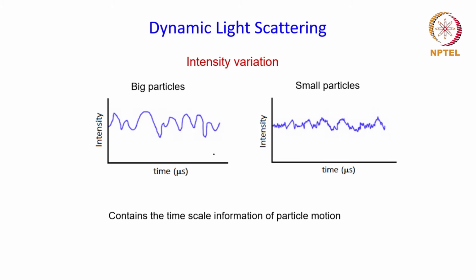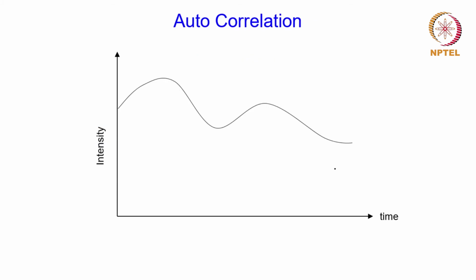However, in order to derive these intensity fluctuations, a certain method has to be used to derive the useful information out of this that can be finally used to derive the particle size. Okay. So the method which is used to derive this is known as autocorrelation. So let us see what is autocorrelation and how it is used to derive particle size from DLS experiments.